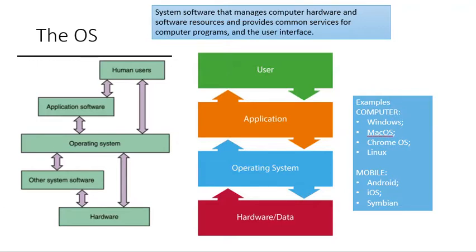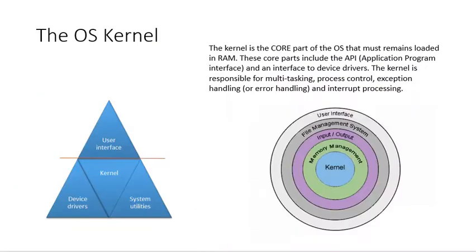Right, now from our study of computer hardware and memory, you should recall that RAM is a very important resource within the computer's architecture, because all programs, data, and instructions need to be loaded into RAM for the CPU to actually operate on them.